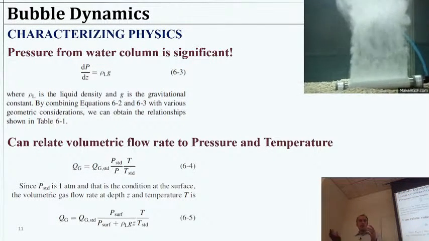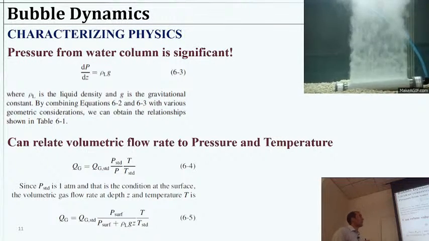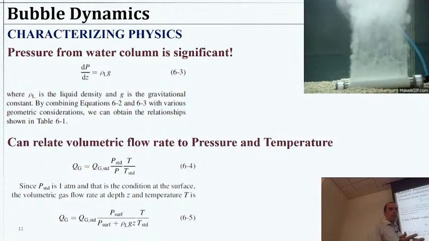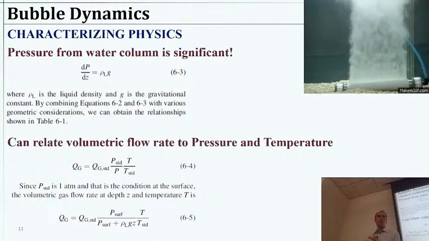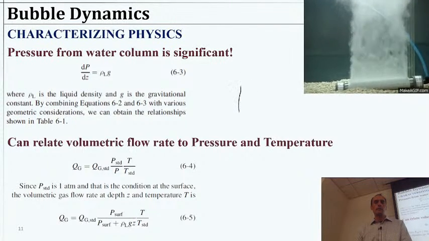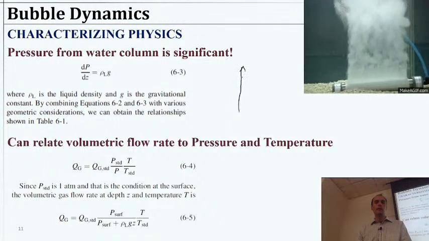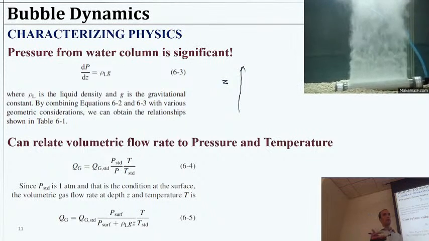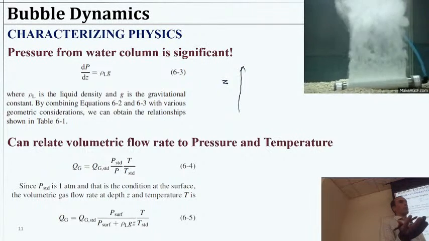Okay, so let's talk about the physical aspects of these bubbles. If we want to know something about the pressure from the water column, we can track that very simply by saying the differential of the pressure per differential of height. So dP/dz, if this is z, is going to be equal to the acceleration due to gravity times the density of that fluid.